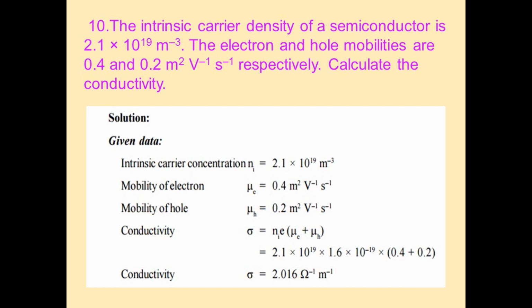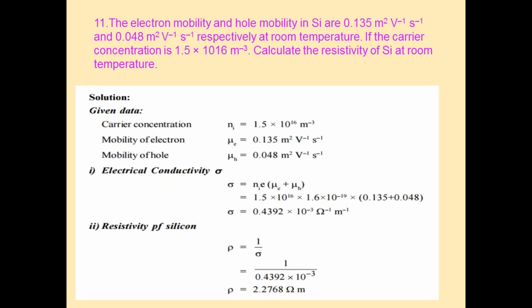Conductivity sigma equal to Ne into mu E plus mu H, 2.1 into 10 power 19, 1.6 into 10 power minus 19 into 0.4 plus 0.2. Conductivity 2.016 ohm inverse meter inverse.